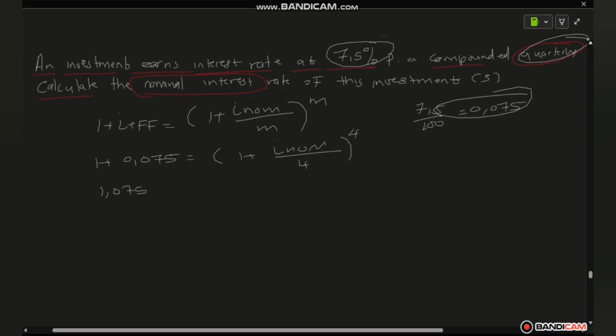This is what we're going to do. Let's remember from algebra. Let's say this is what we have, over 4 to the power 4. Now remember, let's say we have x squared equals 4. We want to make x the subject of the formula, we put a square root, right?